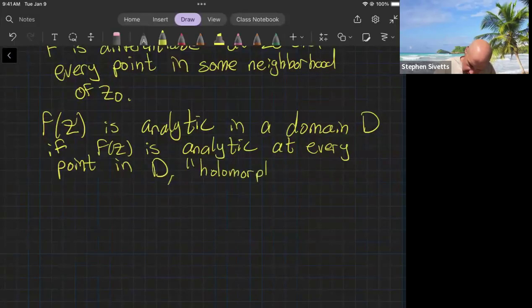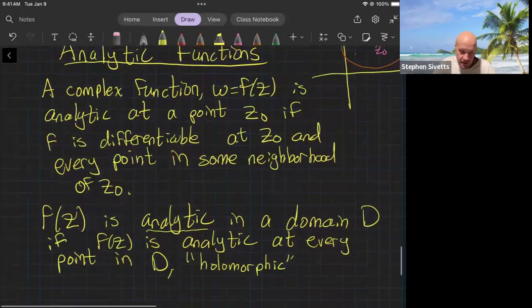That's another way to describe these types of functions: holomorphic, analytic, or sometimes regular. But throughout the textbook, they call complex functions analytic if they're differentiable at z naught and at some open neighborhood of z naught.